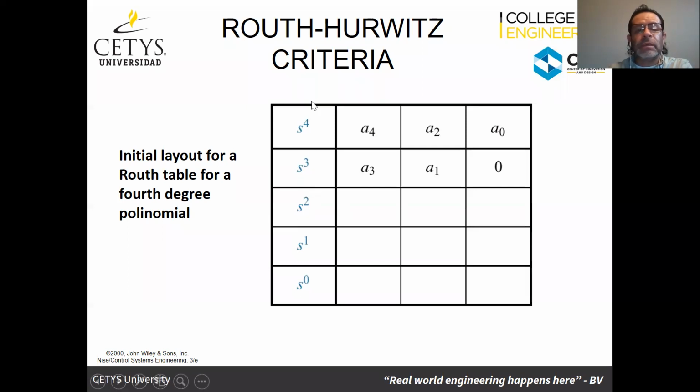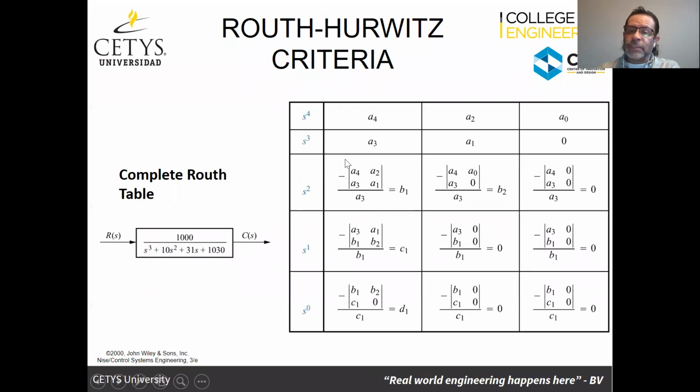We put them in rows, and then each column is going to be a coefficient, either even or odd, of the characteristic equation. After that, we do a tabulation based on this, where the row where we're establishing the value is the pivot. So we do a negative determinant divided by the pivot value, which is the lower left-hand side value of the 4 that we're taking, and we fill in the table.